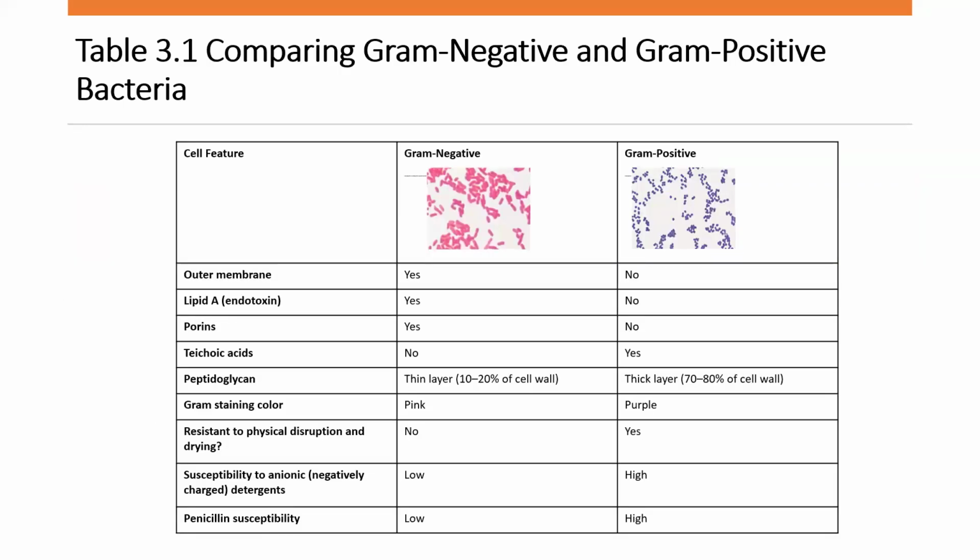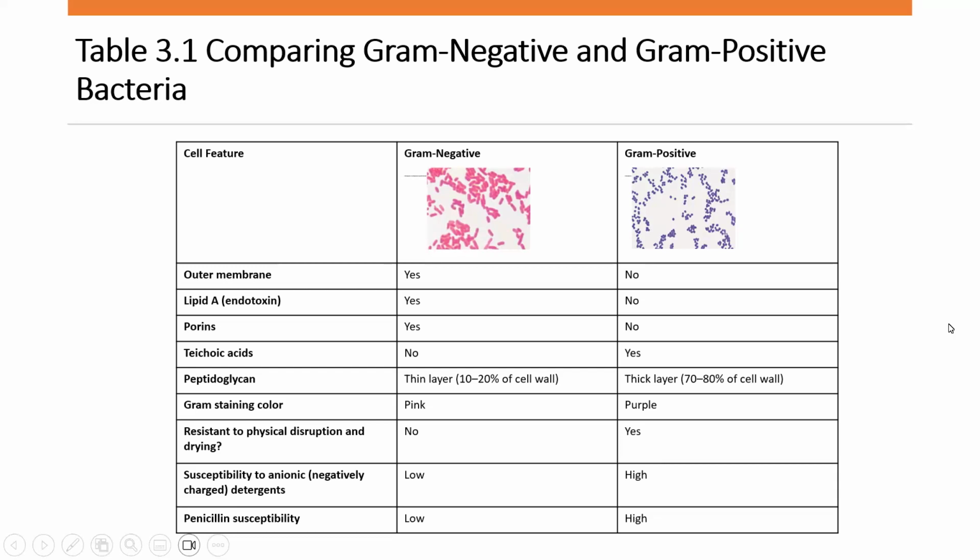Here's a nice little chart comparing your gram positives and gram negatives. It's useful to look through and be aware of some of these differences and similarities, so that you can differentiate between these kinds of cells.